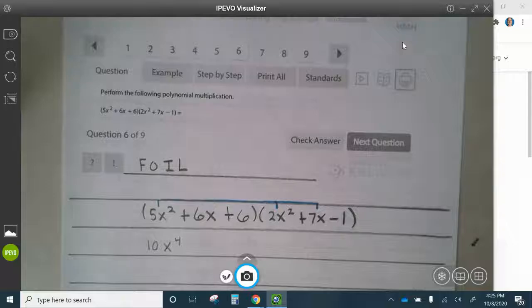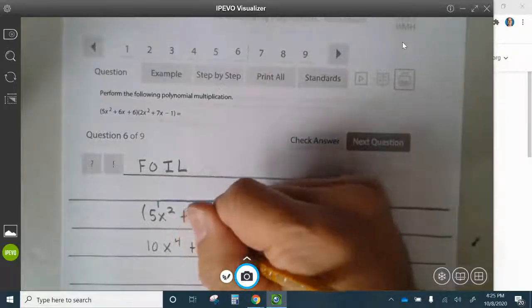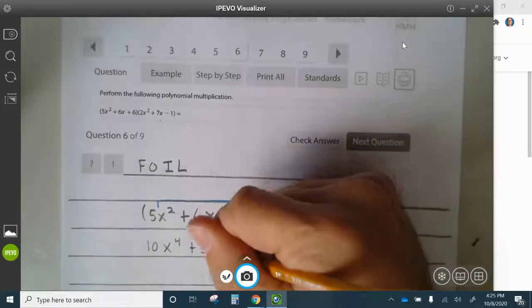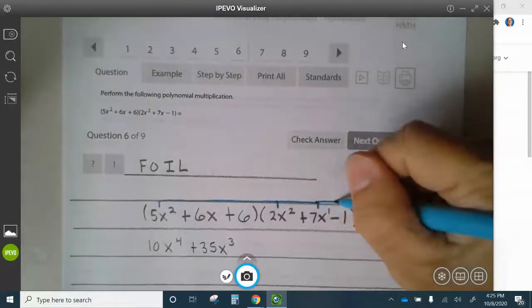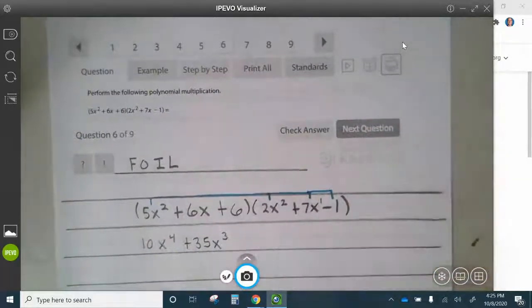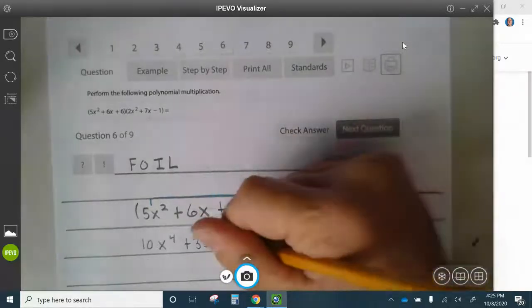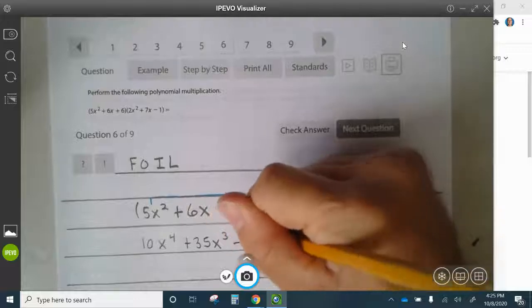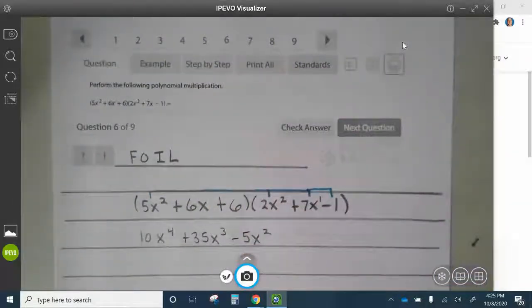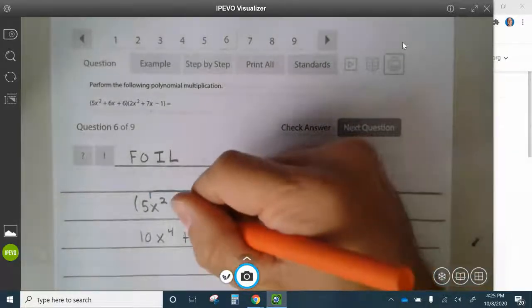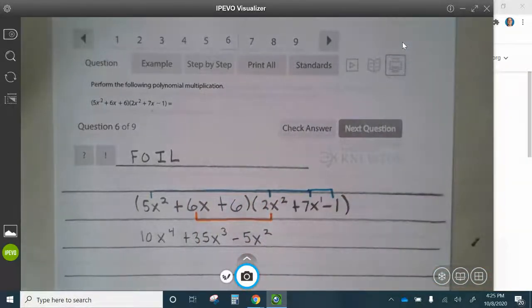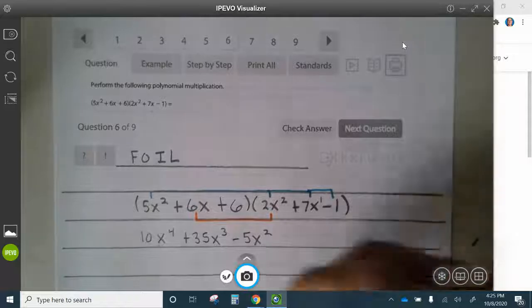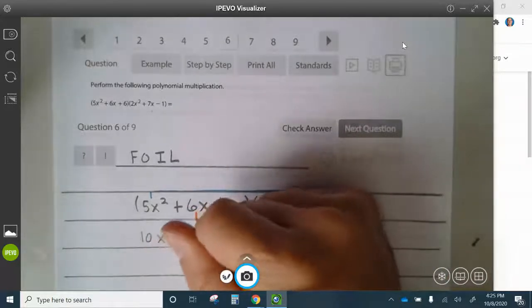Now I'm going to multiply that times this. So 5x squared times negative 1 is negative 5x squared. Okay. Now I'm going to multiply this times this. So 6x times 2x squared is 12x cubed. And then 6x times 7x is, I don't know 6 times 7 off the top of my head.